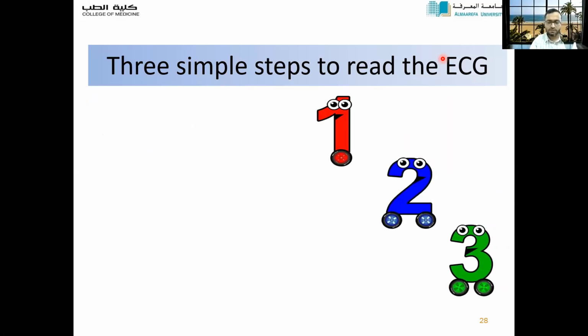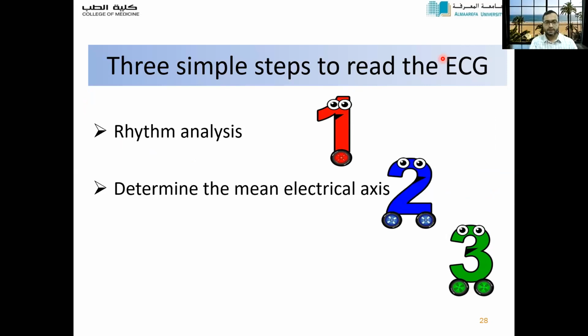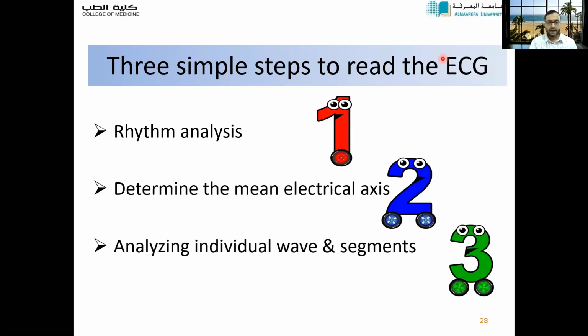So always remember there are 3 simple steps of reading the ECG. First one is rhythm analysis, second is determining the mean electrical axis, and third is analyzing the individual waves and segments. If you follow these 3 steps, the analysis of the ECG becomes quite easy.